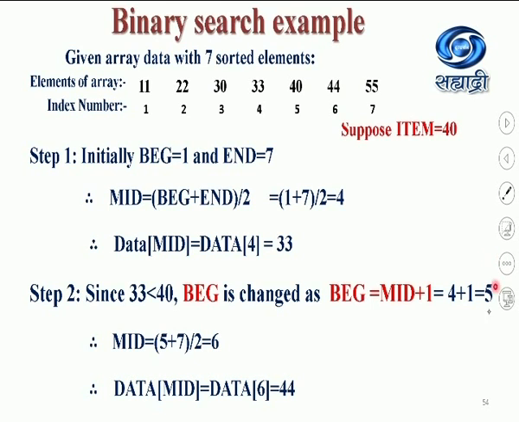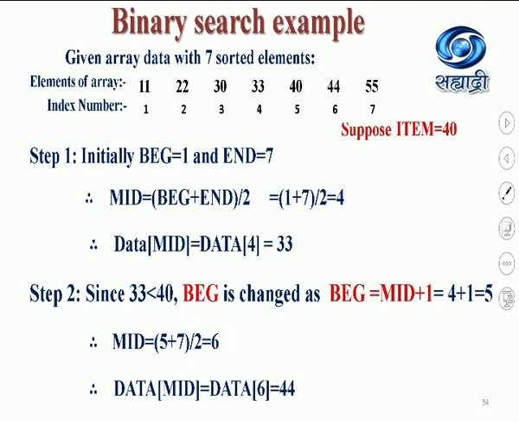So 5 is the new beg variable and 7 is the end variable value we initially took. Add both variables, 5 plus 7 divided by 2. So you will get 12, and 12 divided by 2 is 6.